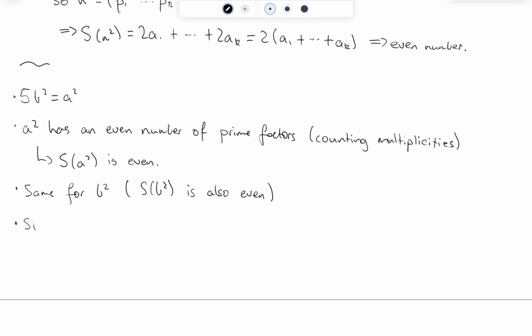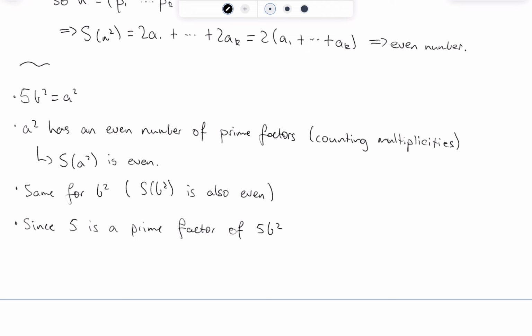Since 5 is a prime factor of 5b squared, clearly because we're multiplying the b squared by 5, what does that do to the tally of prime factorizations? Well, you're adding one more factor of 5.